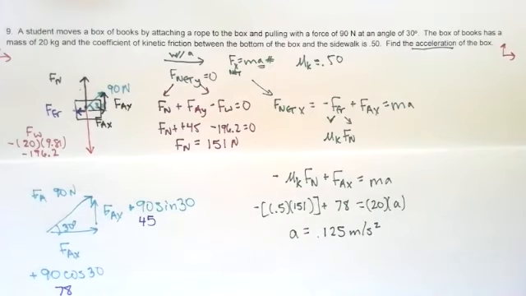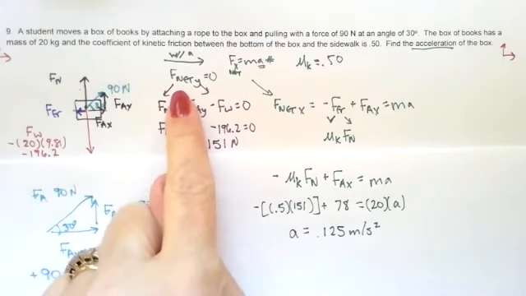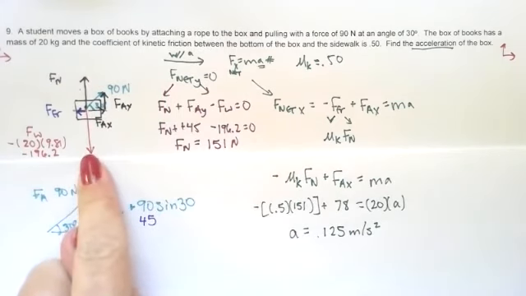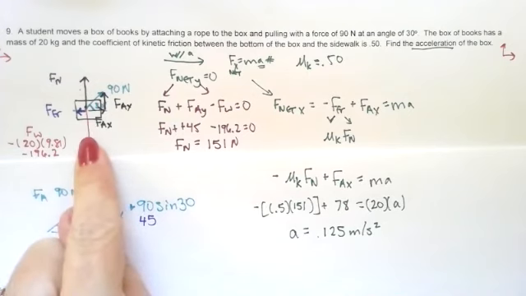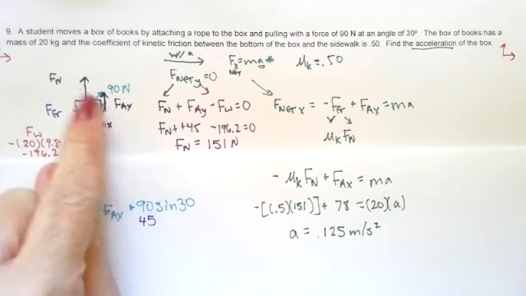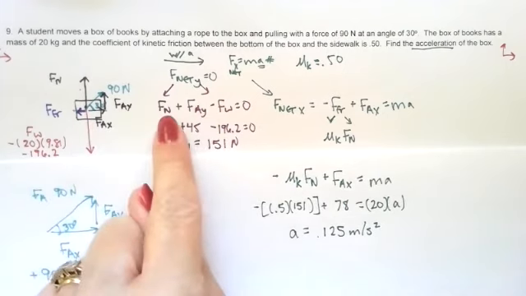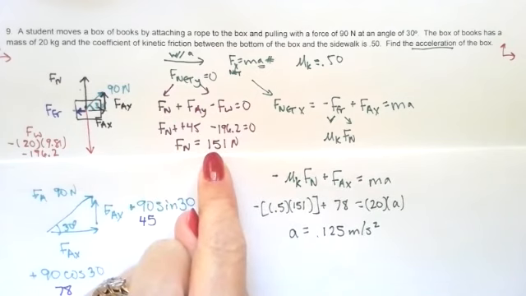So we did some new things here, and let's highlight those new things that we did. By having this vector on an angle, I had to consider my net forces in my y and my net forces in my x. I had to remember that my net in the y, down I had one piece, but up I had two pieces. I've got my normal force and I've got the vertical component of my applied force. I could still solve for my normal force.